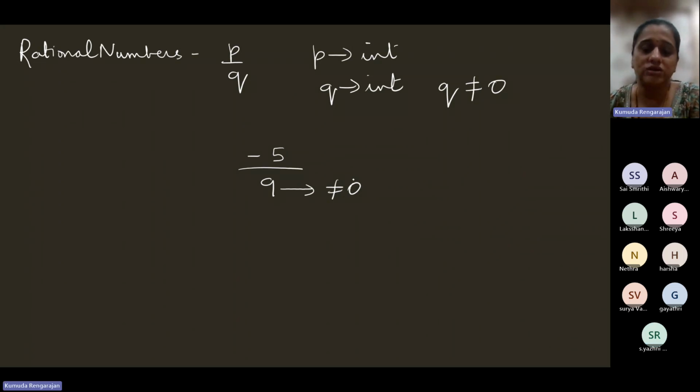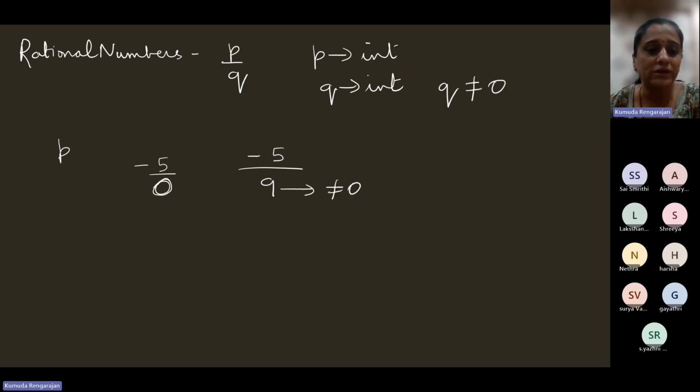The denominator Q can be any integer but not 0, because we know division by 0 is not defined. So the denominator Q should not be 0.